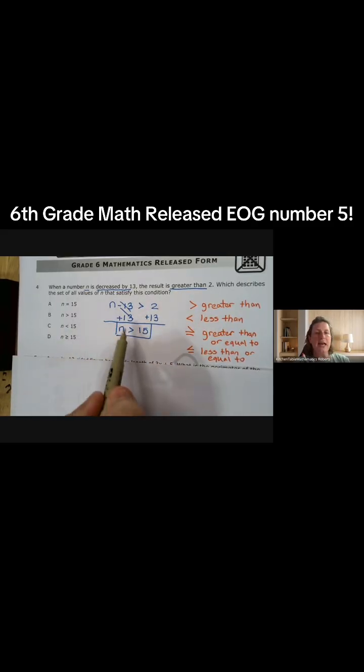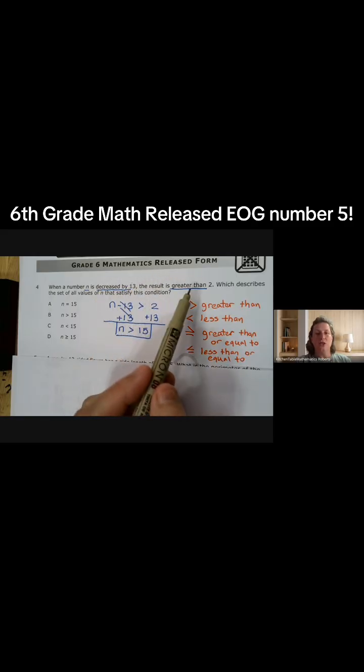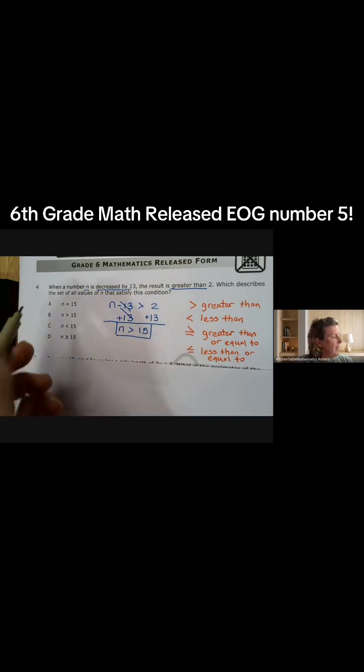So what this is saying is that n can be any number greater than 15. When it says all values of n, it could be 15.1 on up to a gazillion. Any number that is greater than 15, when decreased by 13, is going to give an answer greater than 2.